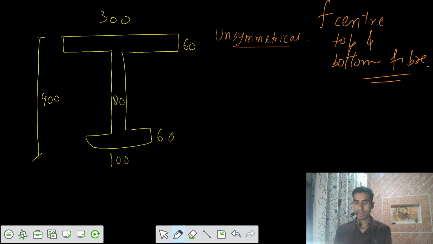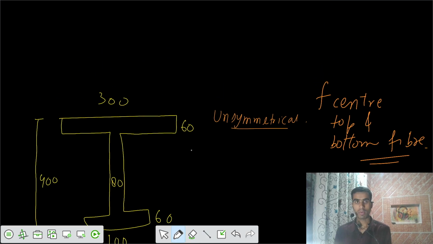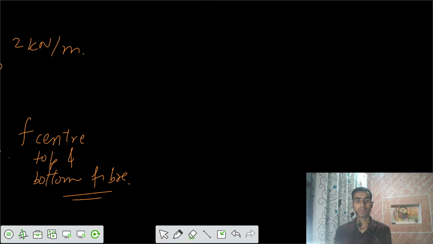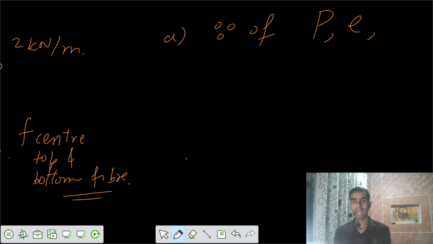The beam has an effective span of 8 meters and is subjected to a live load of 2 kilonewton per meter. The first part of the problem is to get the stresses because of the P load, its eccentricity, and because of the self weight.